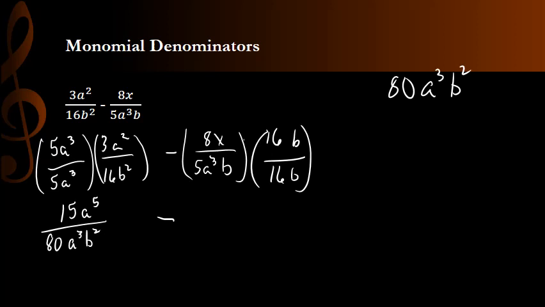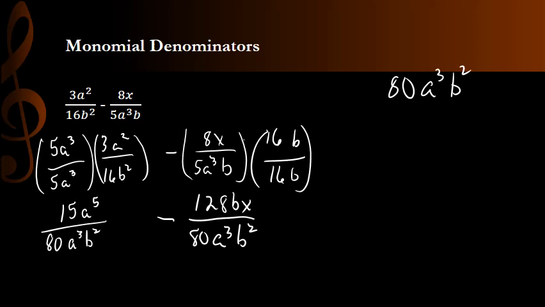Minus, and again, numerator times numerator, so I've got 8x times 16b. Let's see, 8 times 16, what does that equal? 128. So I've got 128bx in the numerator. And let's see, what about the denominator? I've got 5 times 16, we already know that's 80. And then I've got a cubed b squared. All right, so I do have the same denominator, 80a cubed b squared.